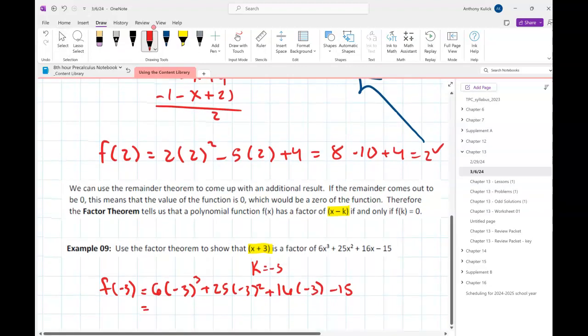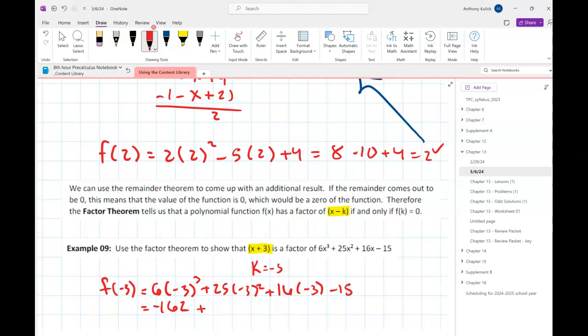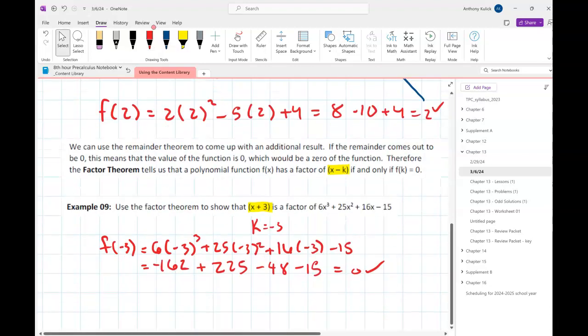So let's see, what is that? 27 times 6 is 162, negative 162. And then 9 times 25 is 225. Minus 48 minus 15, that indeed is 0, right? So by the factor theorem, we know that x plus 3 is a factor.